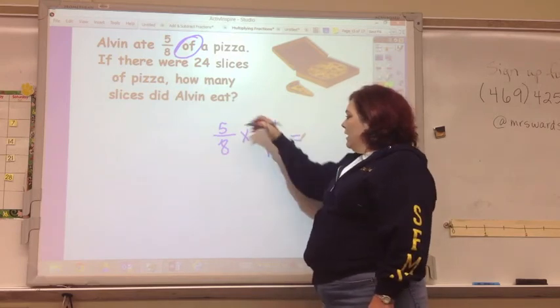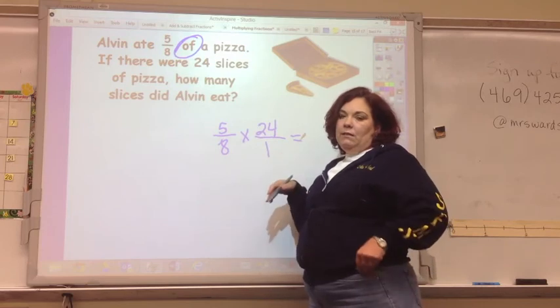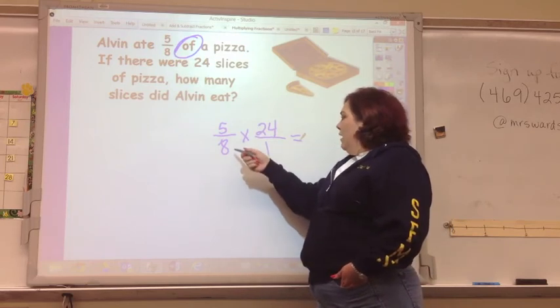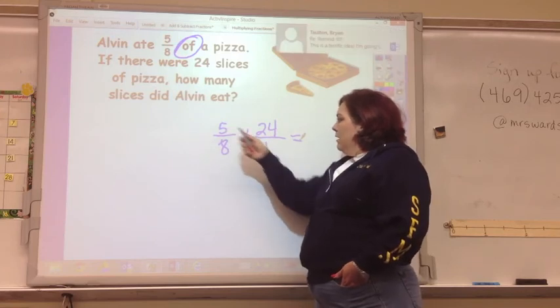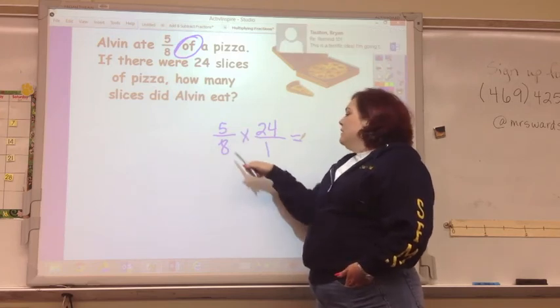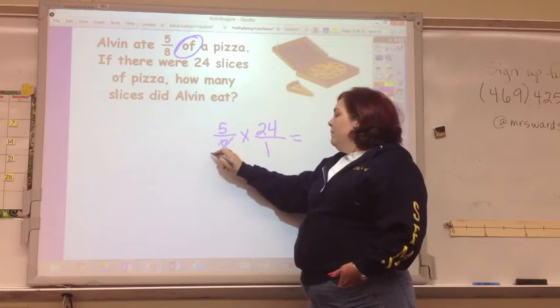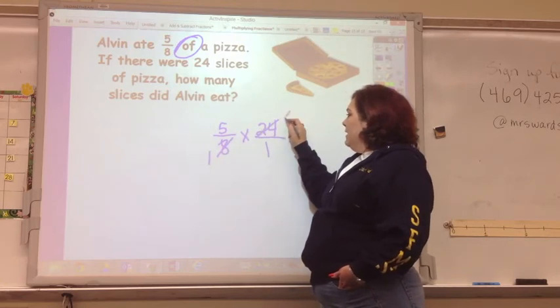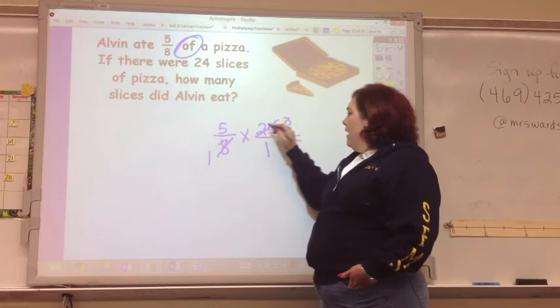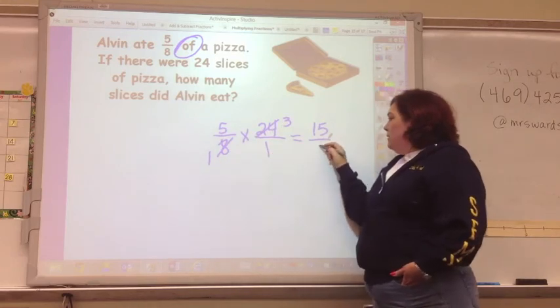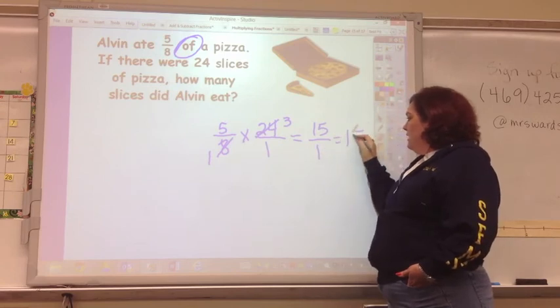Well, look at this. I can do all this multiplication and all this division, but I'm going to see if I can cross cancel. So I say, does anything go into 5 and 1? No. Does anything go into 8 and 24? Well, 8 does. So I can divide by 8 and get 1, divide by 8 and get 3. And now it's 5 times 3 is 15, and 1 times 1 is 1, and so that's just 15 slices.